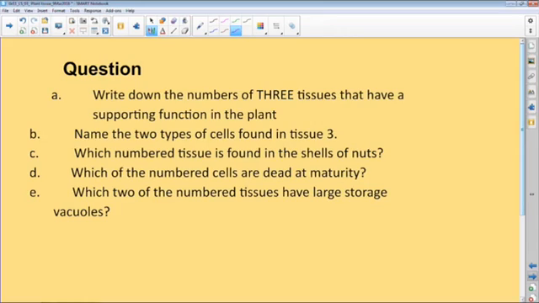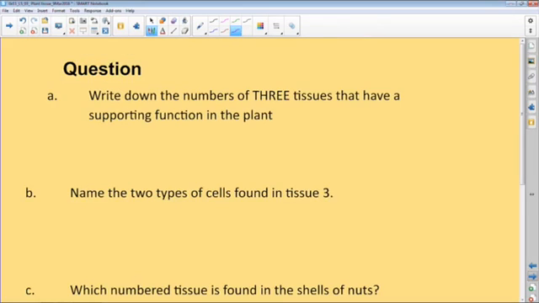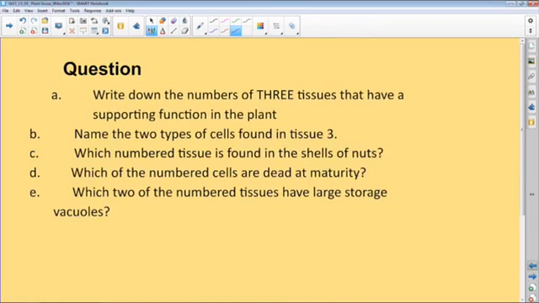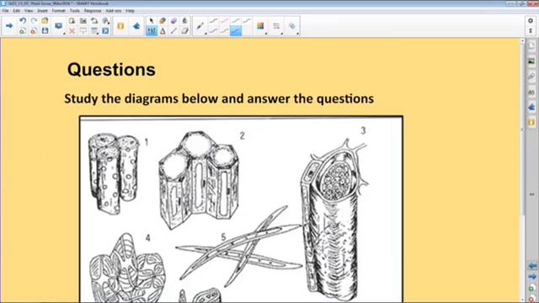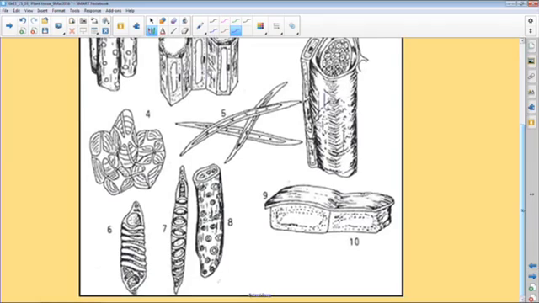Two types of cells found in tissue 3. Which numbered tissue is found in the shells of nuts? Which of the numbered cells are dead at maturity? Which two of the numbered tissues have large storage vacuoles? If I go back to my diagram, three tissues that have a supporting function. Supporting means they strengthen, so you must look at the tissues and decide which are going to strengthen.